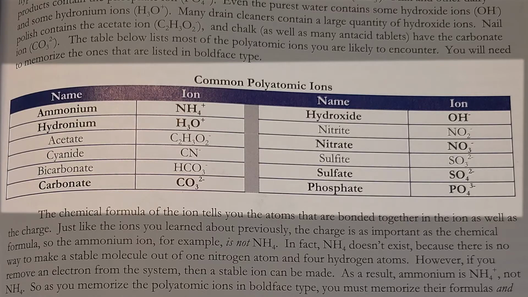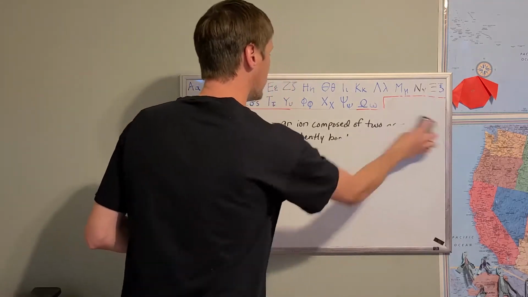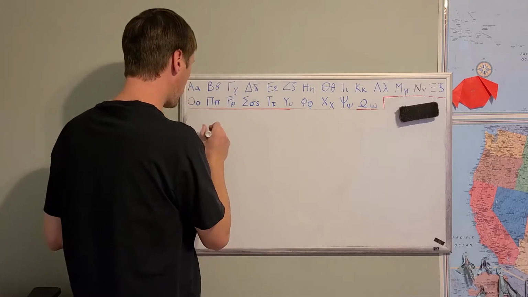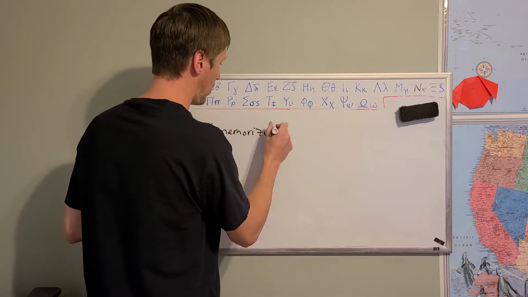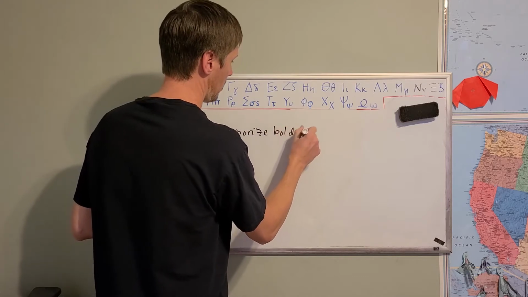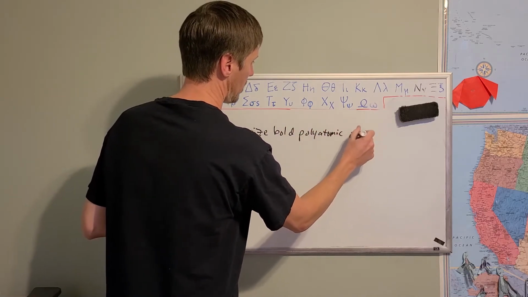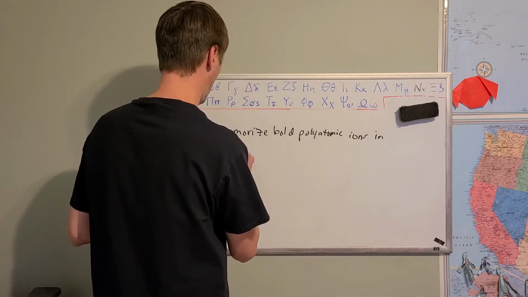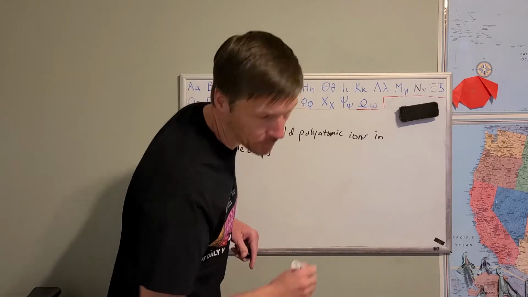And I want you to actually memorize some of these. You only have to memorize the ones that are in bold, okay? Make sure to memorize the bold polyatomic ions in the table on page 245.